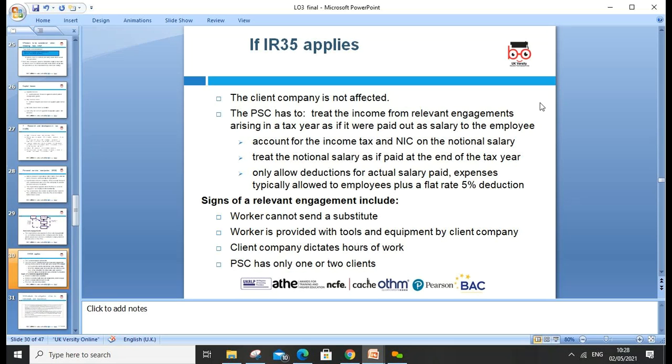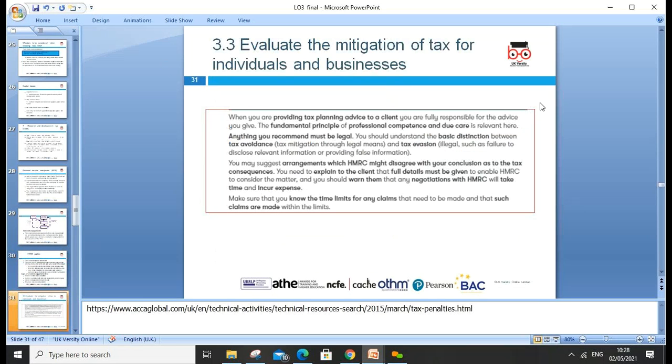Signs of a relevant engagement include: the worker cannot send a substitute, the worker is provided with tools and equipment by the client company, the client company sets the hours to work, and the PSC has only one or two clients. Okay, that's the tax treatment.